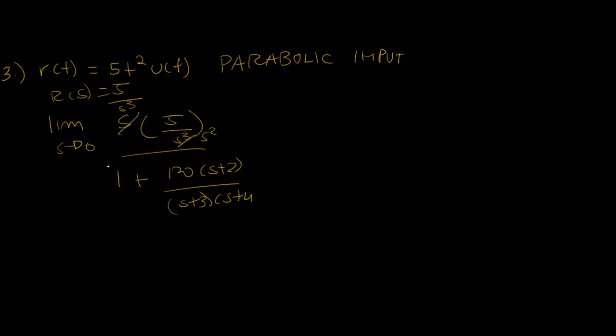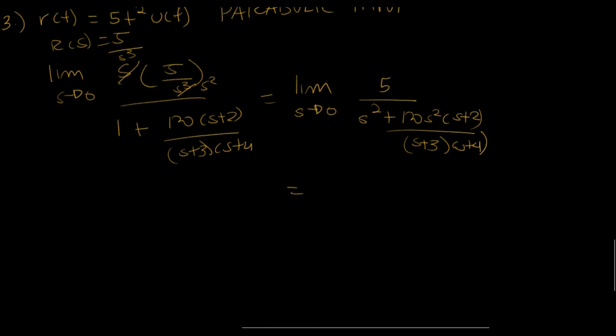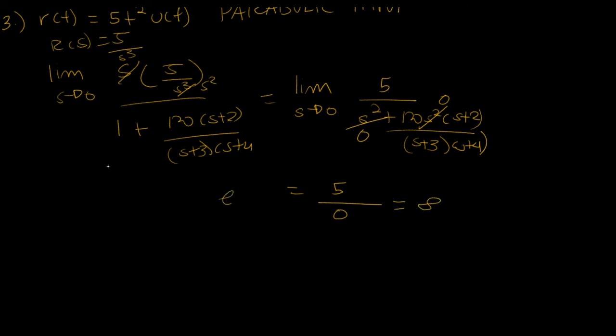So, makakancel s squared. Limit s approaches to 0, 5 over s squared plus 120 s squared (s+2) over (s+3)(s+4). I think magiging 5 over infinity din to? Or sorry, 5 over 0 pala, kasi ito ay magiging 0, ito ay magiging 0. So, yung buong rational expression natin is magiging 5 over 0 which is infinity. So, ito yung steady state error natin for the parabolic input. So, madali lang, no?